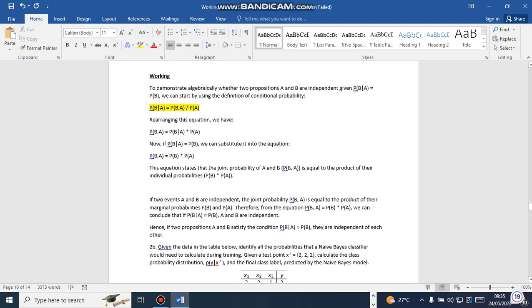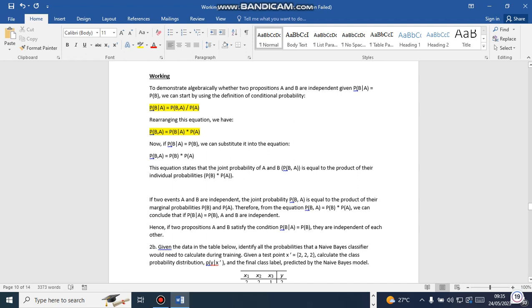When you do a cross multiplication, the probability of B and A will equal the probability of B given A multiplied by the probability of A.